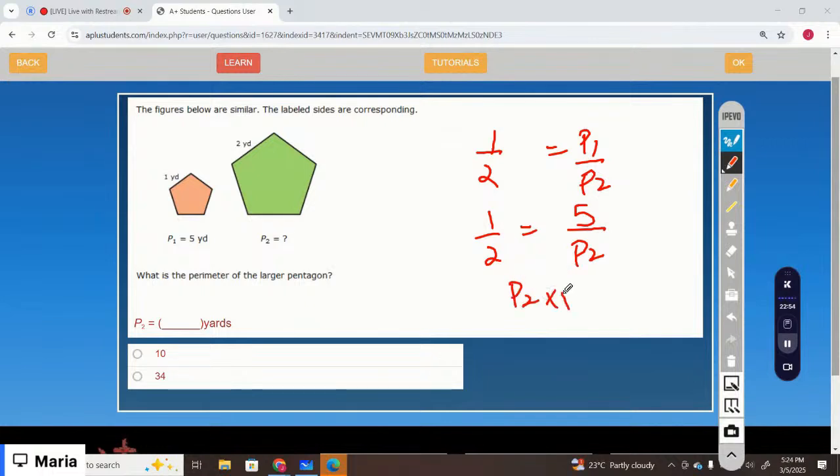P2 times 1 equals 5 times 2. So P2 equals 10.